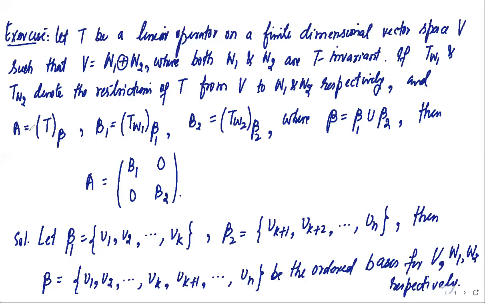Now first we recall how we have to define the matrices A, B1 and B2. Now the matrix A, which is the matrix of the linear operator T relative to the basis beta, we know that its columns are defined in this way. The first column is the coordinate vector of T(v1) relative to the basis beta.